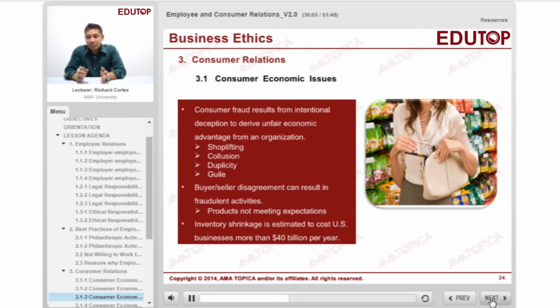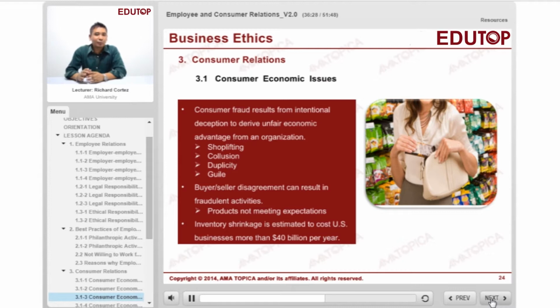And buyers or sellers, this agreement can result in fraudulent activities, products not meeting expectation. Sometimes that is a cause of misunderstanding between the seller and the buyer, because for example, a consumer buys a product from the seller, and he discovers that the product is not of very good quality.